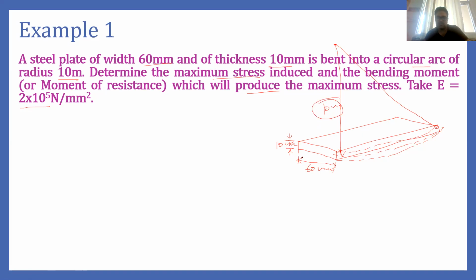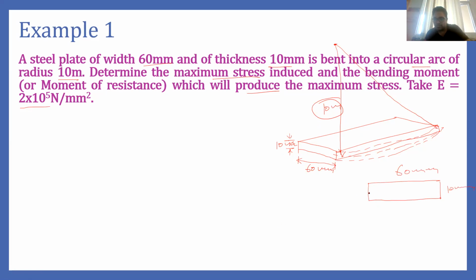So we have the given data as the cross-sectional dimension of the plate. So here I am making the plate cross-section. So this is 60 mm and this is 10 mm, which is given here.